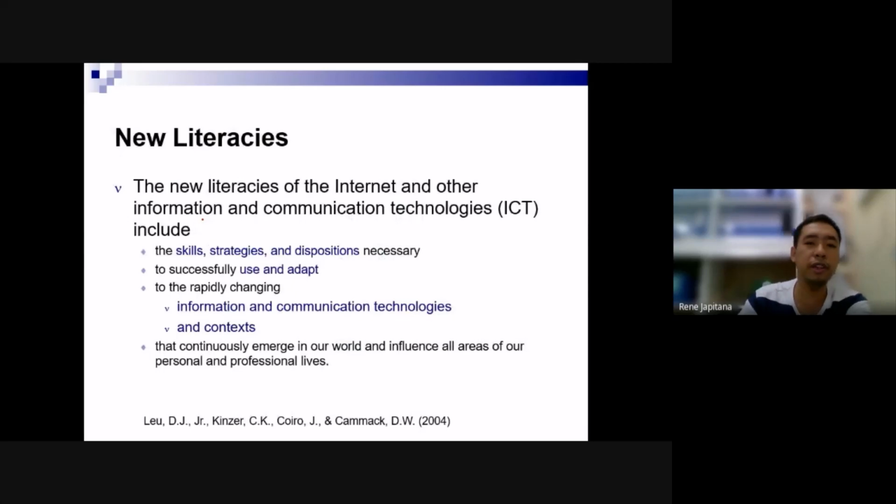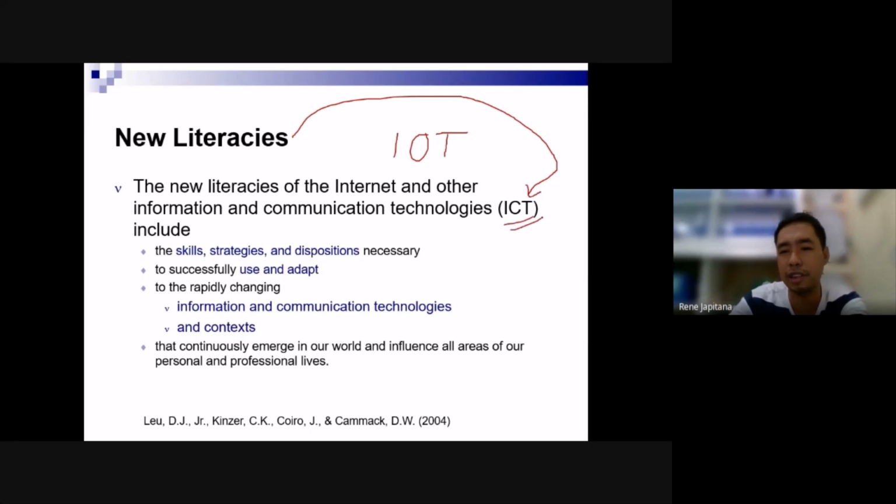So, new literacies of the internet, the Internet of Things, IoT. If you hear the word IoT, that's the new one today. I hope that you know what is IoT. Kay ICT na gyud ang pasabot sa new literacies.